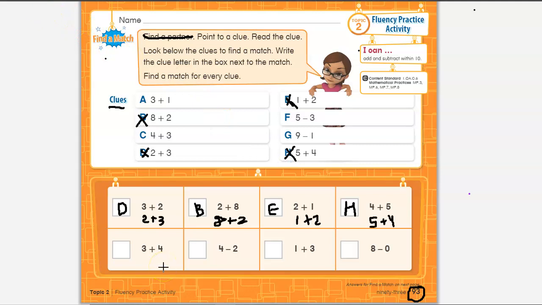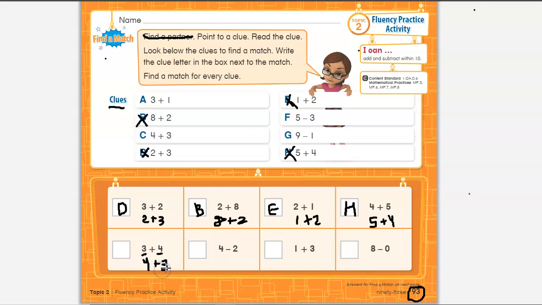All right, halfway through. Let's look at 3 plus 4. If I were to change these add-ins around, so remember these add-ins are just these two numbers that make up an addition problem. So if it's 3 plus 4, if I were to flip those around just like we did these ones, it would say 4 plus 3.